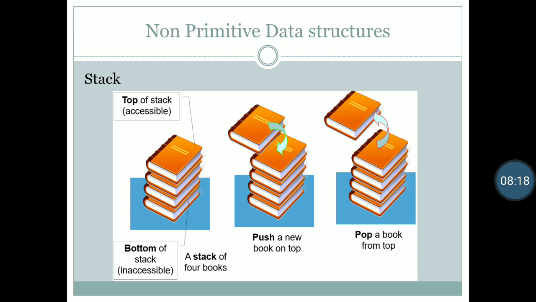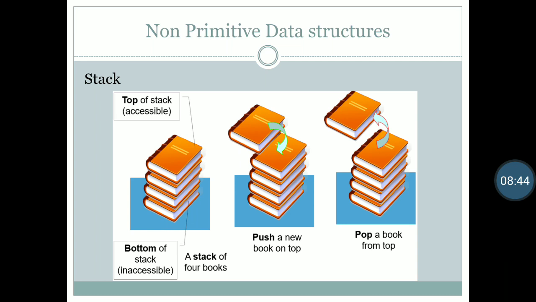We have a stack of 4 books. If we have to add a book into this stack, we have to put it on the top. If we have to remove a book from this stack, we can only remove it from the top.